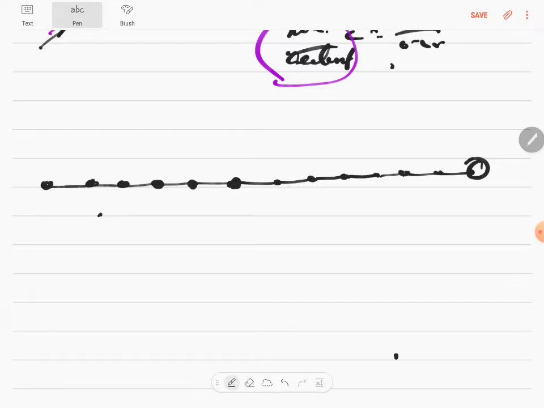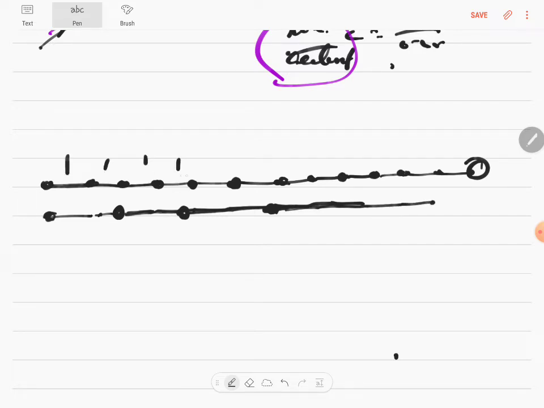So as he walks 5 steps forward, 1, 2, 3, 4, 5, and 3 steps backward, he'll reach here. Again 5 steps forward, 3 back, again 5 forward, 3 back. Let me draw it again, since I drew it wrongly: 1 to 13.